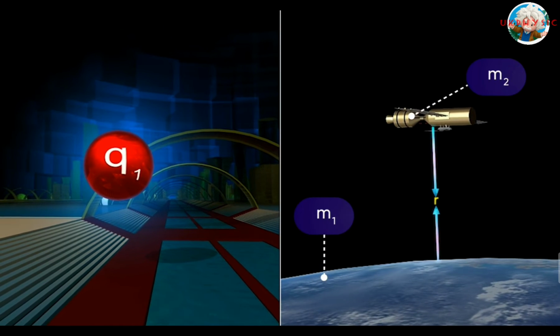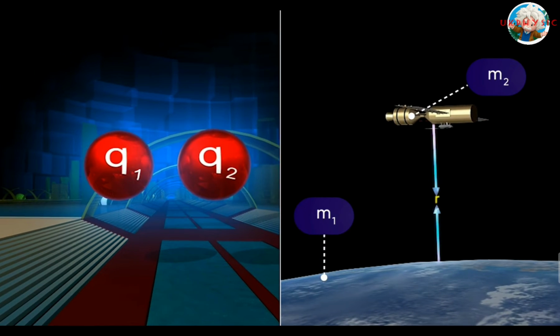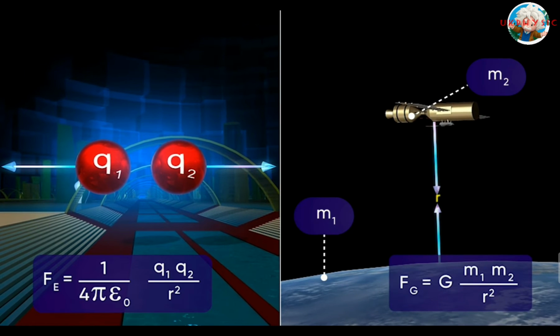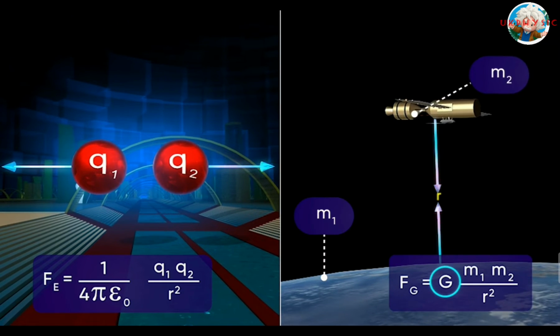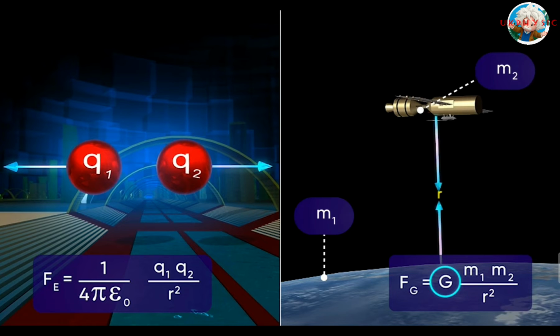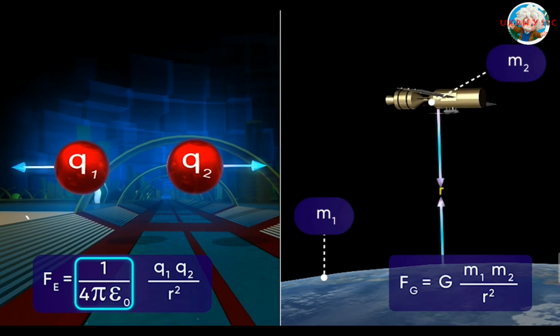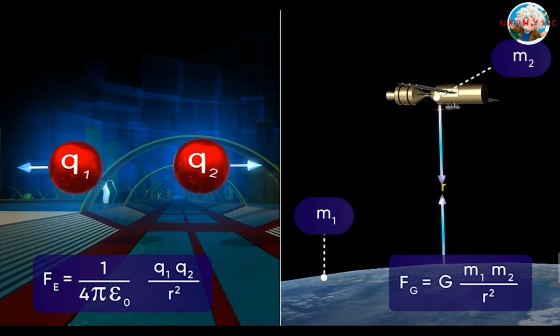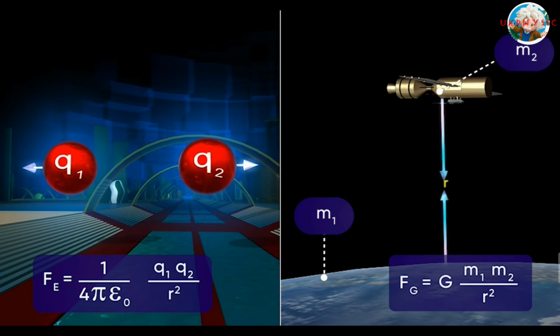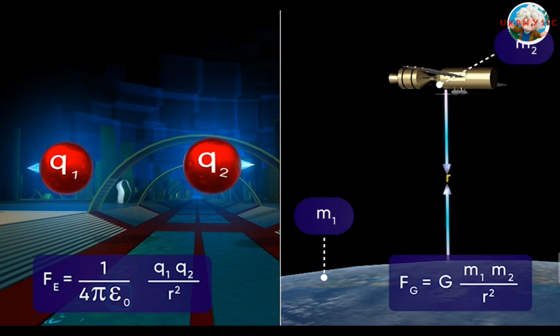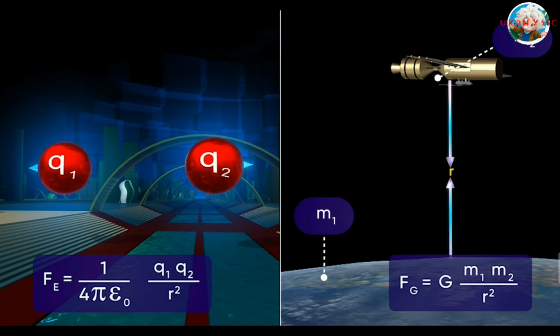These two laws for electric and gravitational forces have similar mathematical forms. Here G is the proportionality constant for the gravitational force and 1 upon 4 pi epsilon 0 is the proportionality constant for the electrostatic force, where epsilon 0 is the permittivity of the free space.